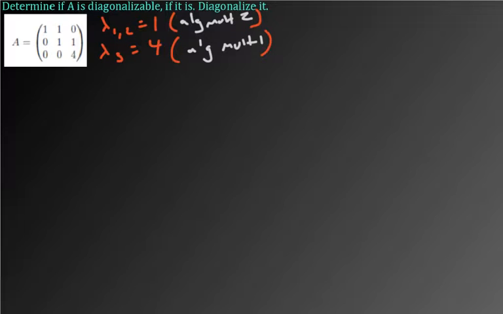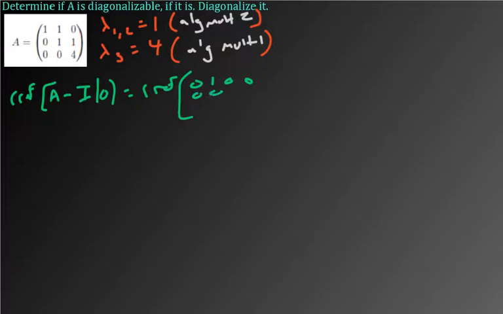And so if we were going to compute the eigenvectors now, you're going to basically set up the matrix. Let's do lambda 1 here. So A minus 1 I augmented with 0. Sorry, I don't want to take the determinant of that. I want to REF that thing. And so that would be the REF of 0, 1, 0, 0, 0, 0, 1, 0, 0, 0, 3, 0.